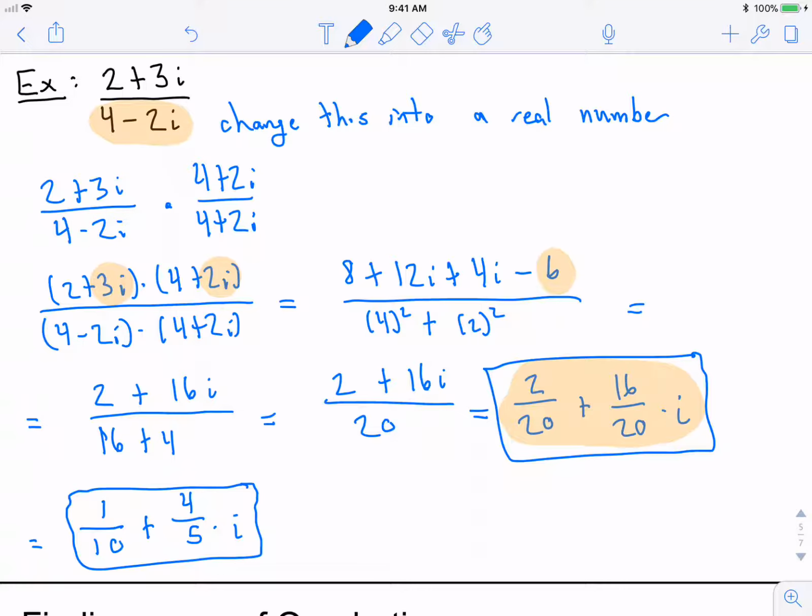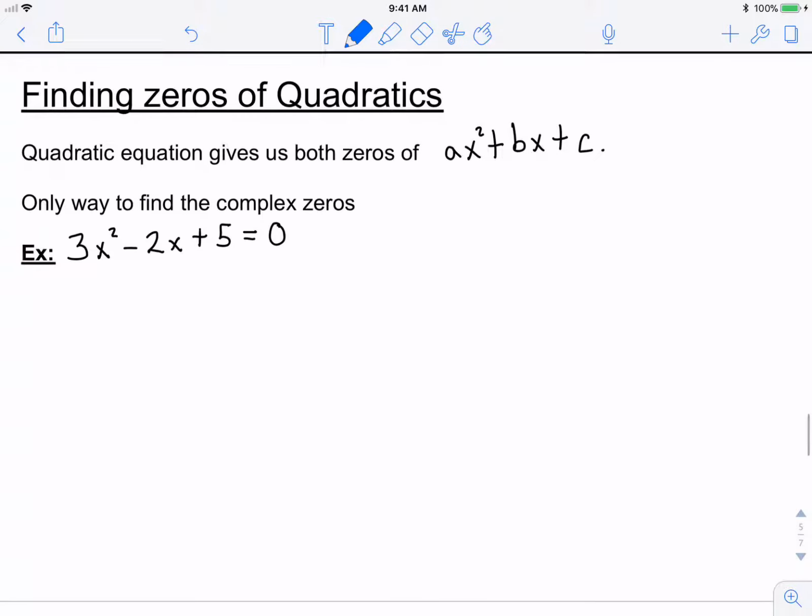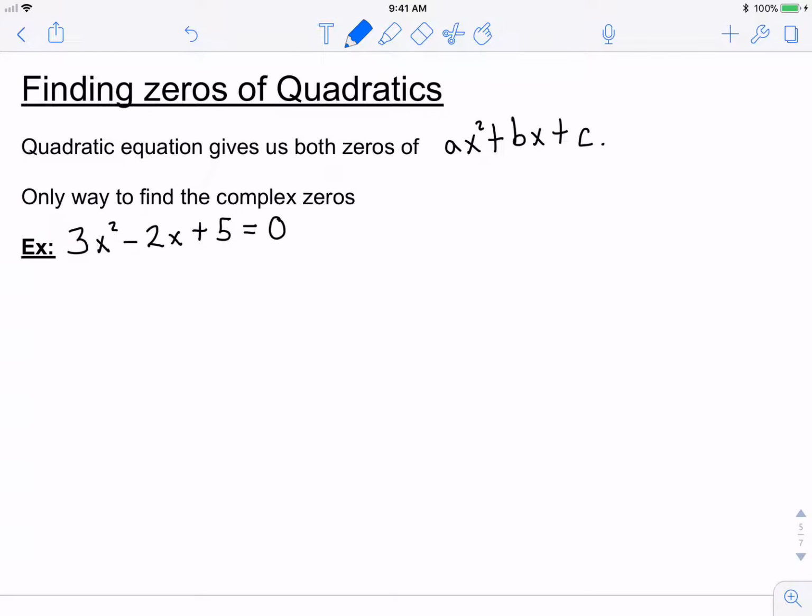Alright, so now we know how to add, subtract, multiply, divide. And our question is now, why should we care? Well, we've seen that if we're finding zeros of our quadratics, ax² + bx + c, sometimes we end up with weird equations when we're using our quadratic formula.